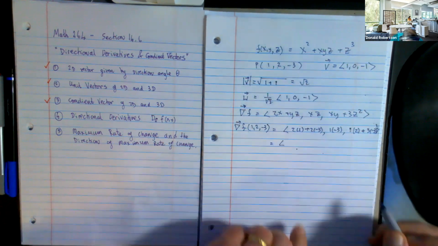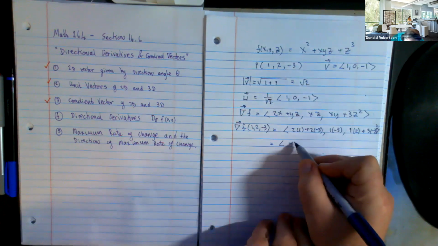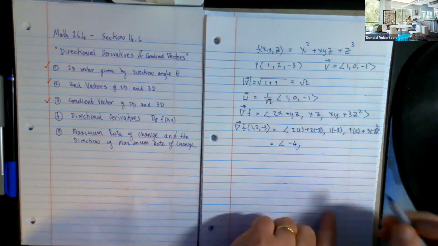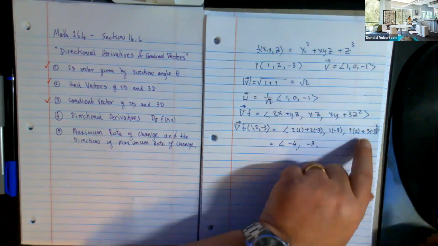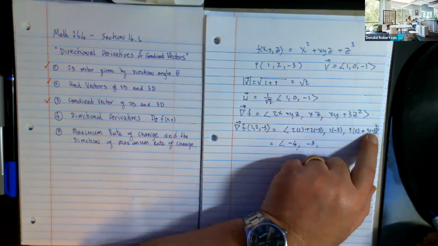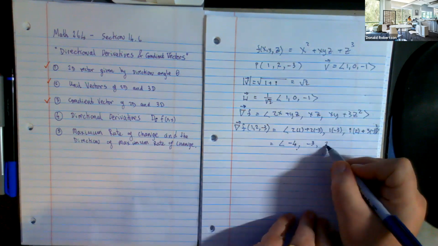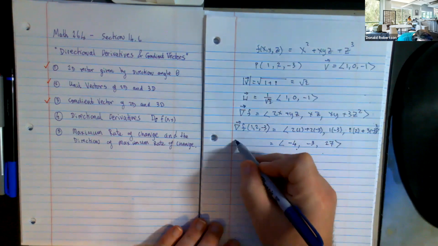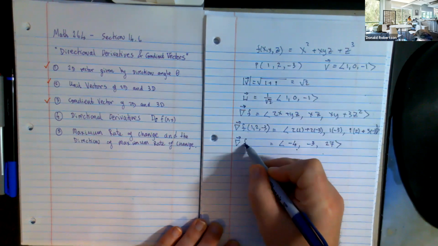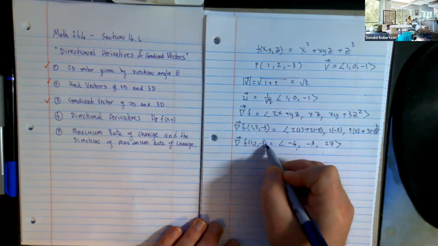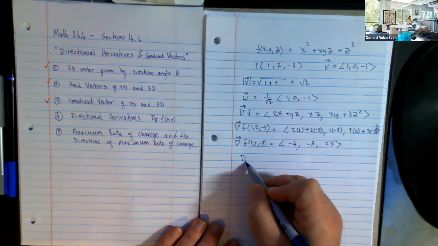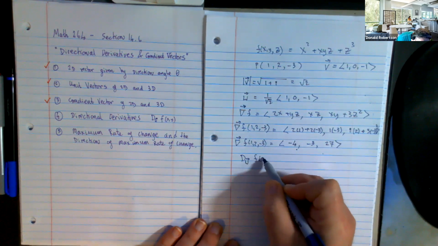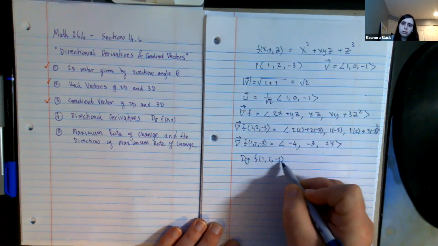What does that look like? 2 take away 6 is -4. 1 lots of -3 is -3. And 3 lots of 9 is 27. So our directional derivative at the point 1, 2, -3.